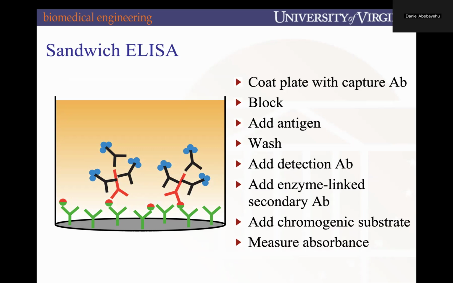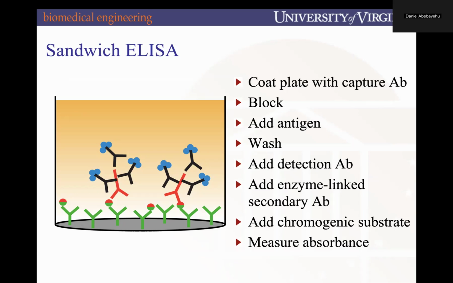Yeah, so it all depends on, and I'm going to keep coming back to this phrase, what question you're asking. So if you're trying to measure the presence of a specific protein in some sample that's a mixture of proteins, sandwich ELISA is the way to go.